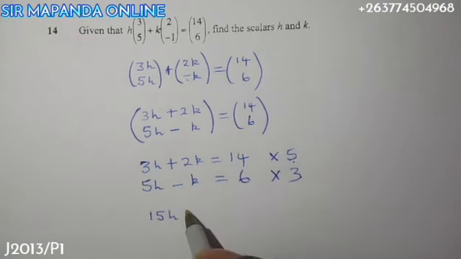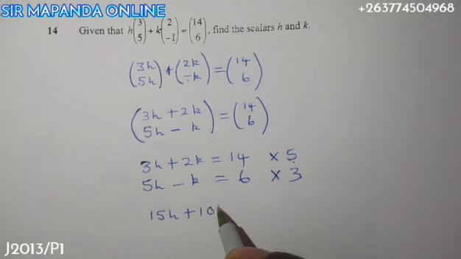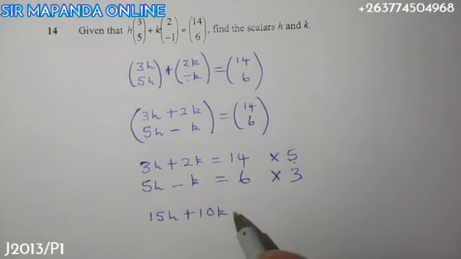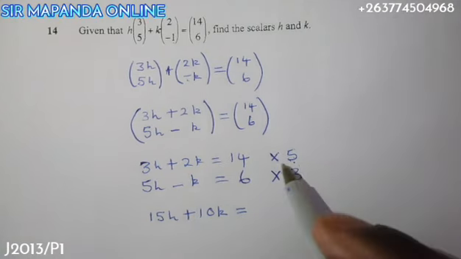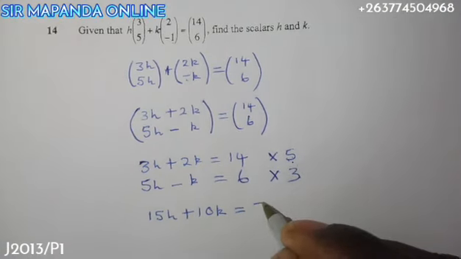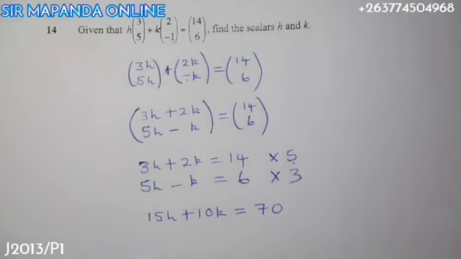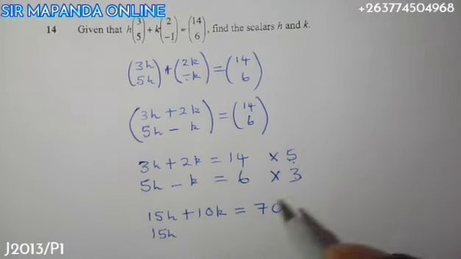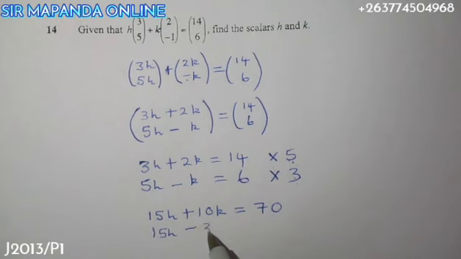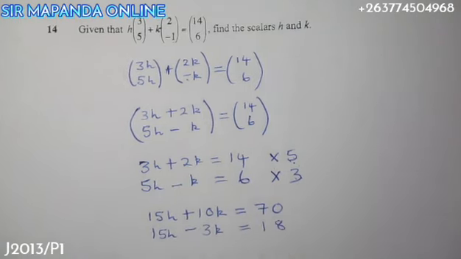Then 5 times 2k gives you 10k. I hope you are following. Then 5 times 14, you get 70. Good. Then 3 times 5 is 15h. 3 times minus k gives minus 3k. Then 3 times 6 gives you 18.